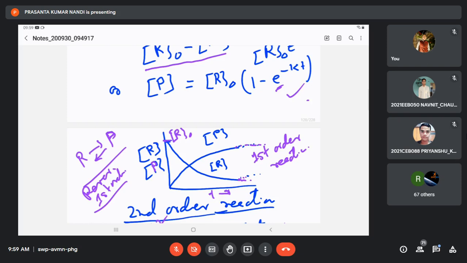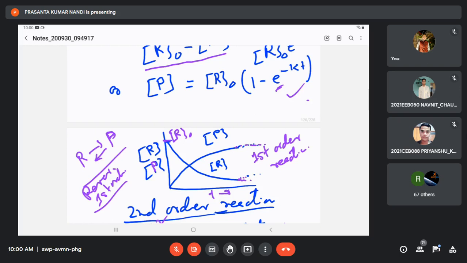Because when t tends to infinity, the product concentration can never reach R0. If it reached R0, then the reactant concentration would fall to 0, but that cannot take place. Ultimately, the product concentration quickly saturates, meaning it would be insensitive to variation of time. Likewise, the reactant concentration will no more change with time.